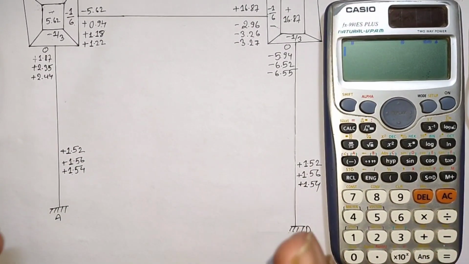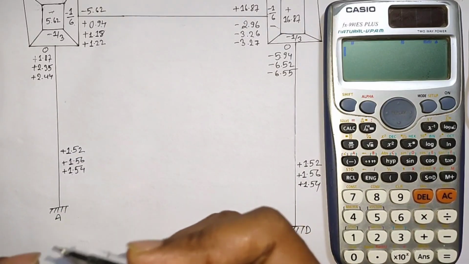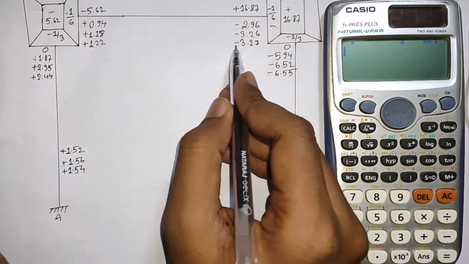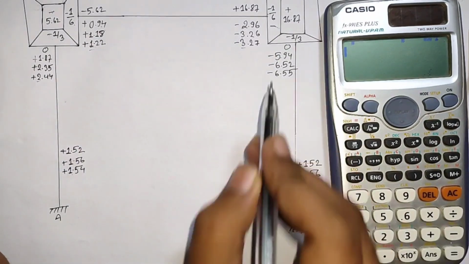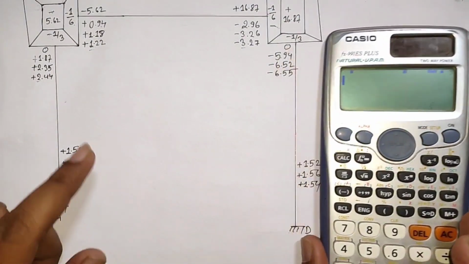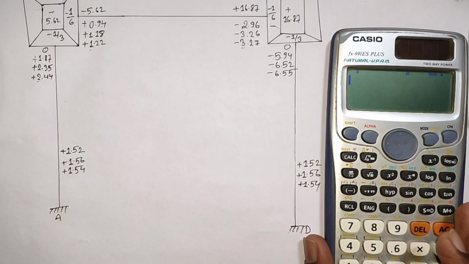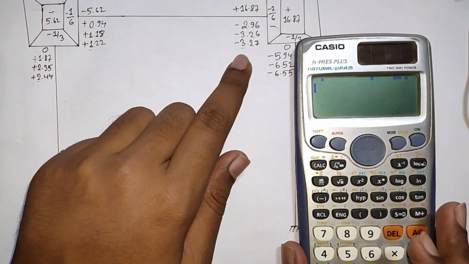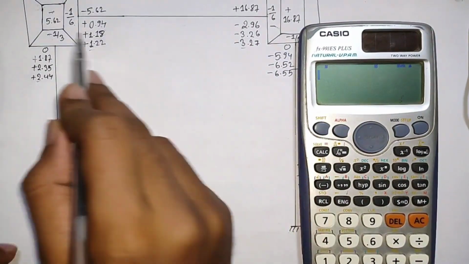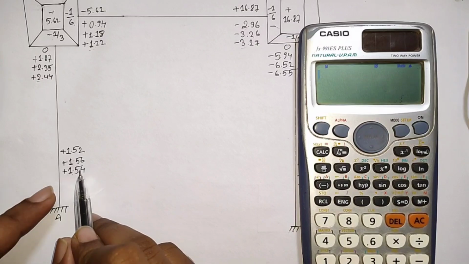Now we need to stop this step when the value starts coming closer to this value, this value. Let me show you, then it will be more clear. Now time for the fourth cycle. For the fourth cycle we have to add this value, and this value 1.54.